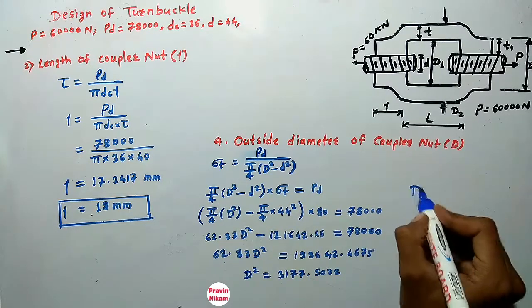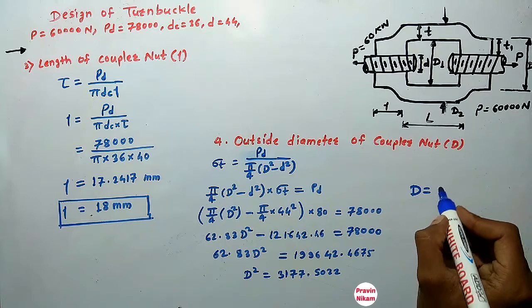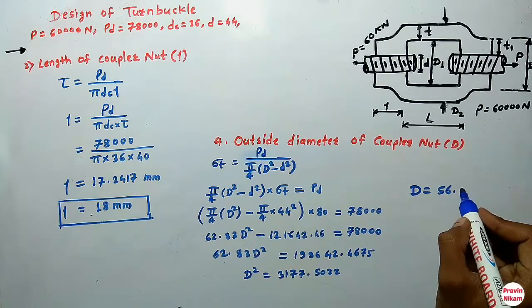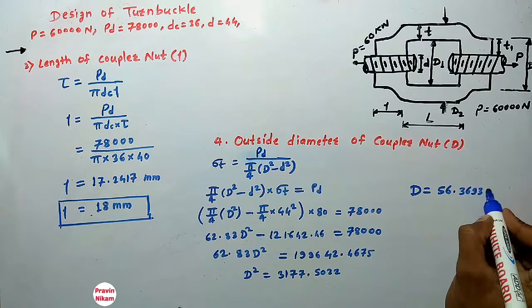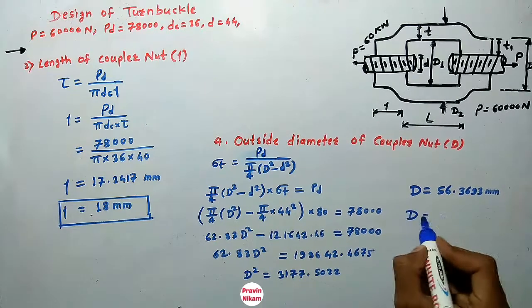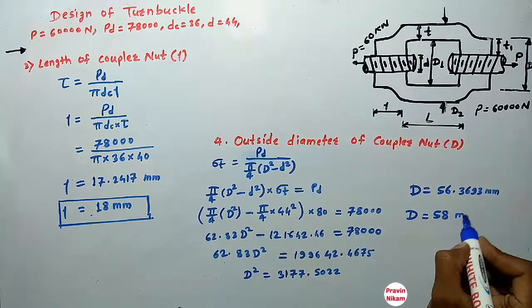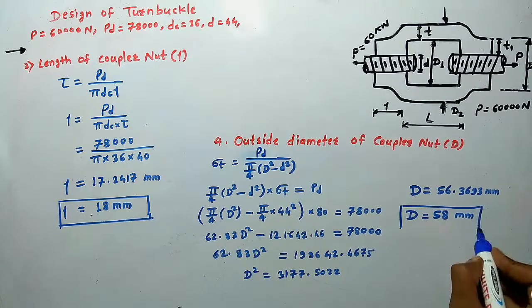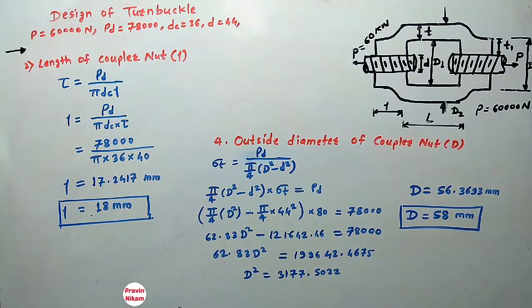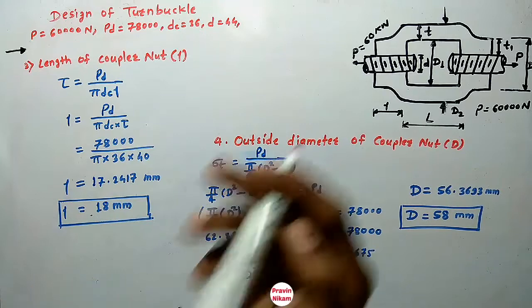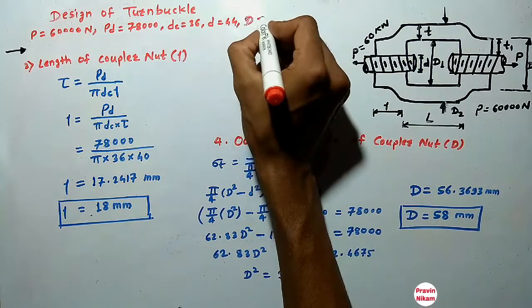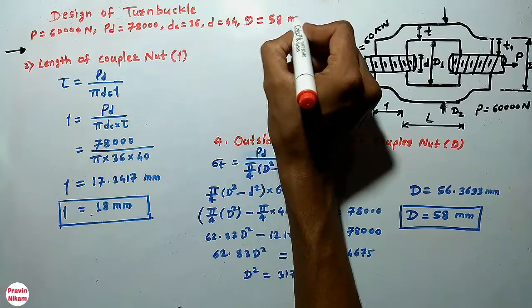Take a root of this. So D becomes 56.3693 mm. So round up this value, that is 58 mm. So capital D is 58 mm. So this is the value of capital D, 58 mm.